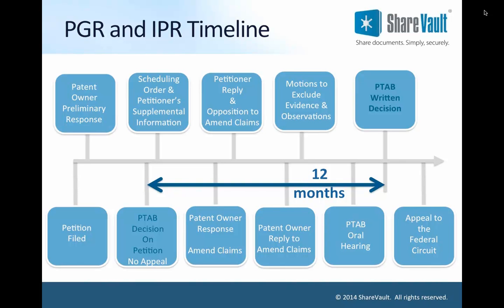If the PTAB decides to go forward, the patent owner can respond to the petition, and he can also amend the claims. The petitioner then has the opportunity to file a reply to the response and to oppose the amendment. And then the patent owner has an opportunity to reply to the opposition by the petitioner.